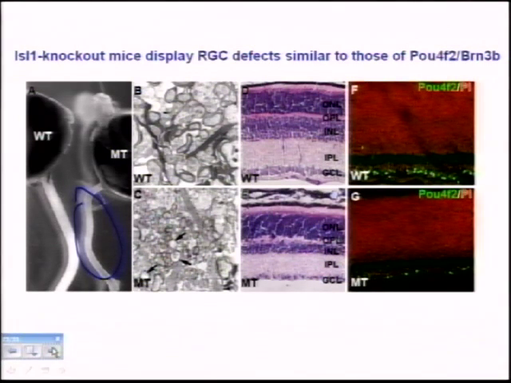But basically, here's a marker, the brain 3B or the Pou4f2 marker in wild type, and we see most of the cells are gone in the ganglion cell layer when we knock out islet-1. So islet-1 is associated much the same way with defects in the ganglion cells when we knock it out.